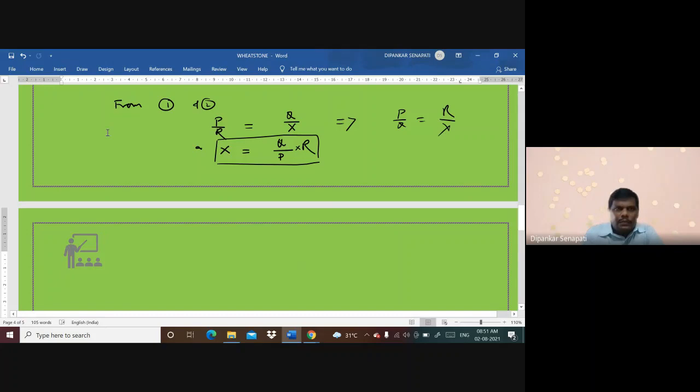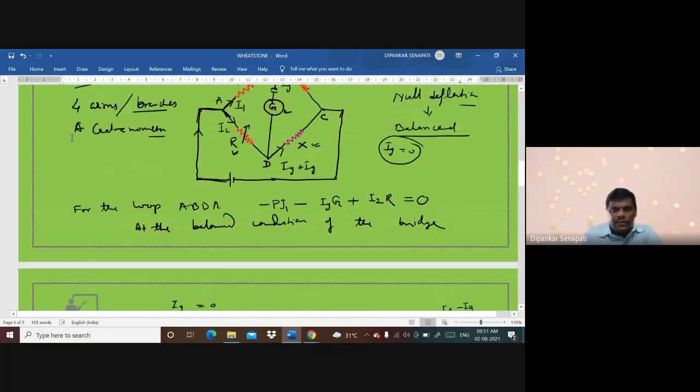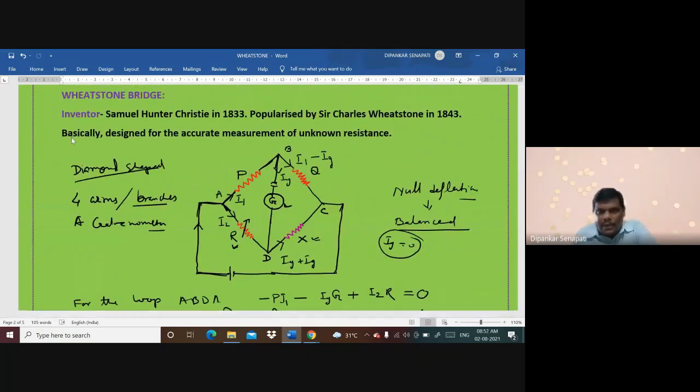So if the balanced condition is achieved, then we have the condition that P by Q equal to R by X, and from this relation we are able to find the value of X without measuring anything, without any supply of a fixed or specific amount of current. With a very small current we can do this, with a moderate current we can do this.